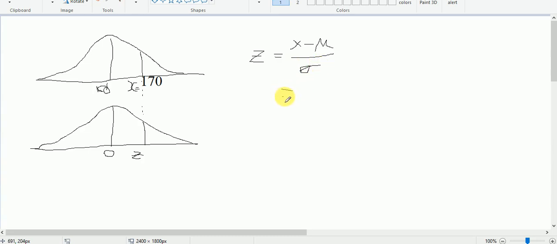So here I know that x is equal to 170 and mu is the mean, which is 160, by sigma, which is 8. So this becomes 1.25.